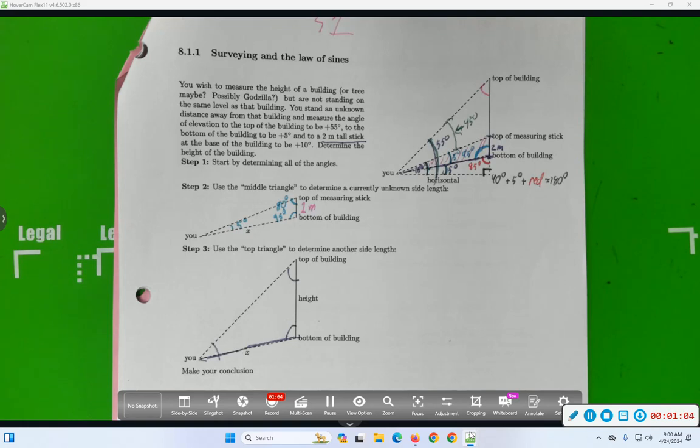There's one other result we got last time. We called it the law of sines. What does the law of sines say in this situation?